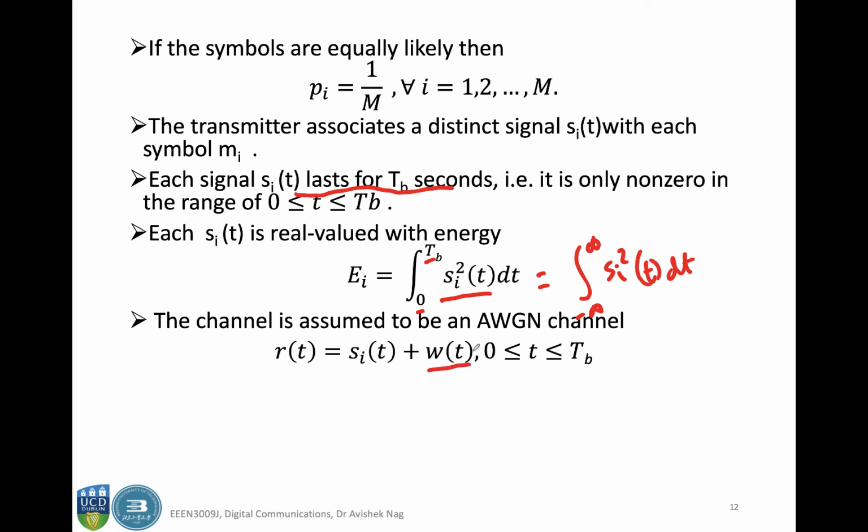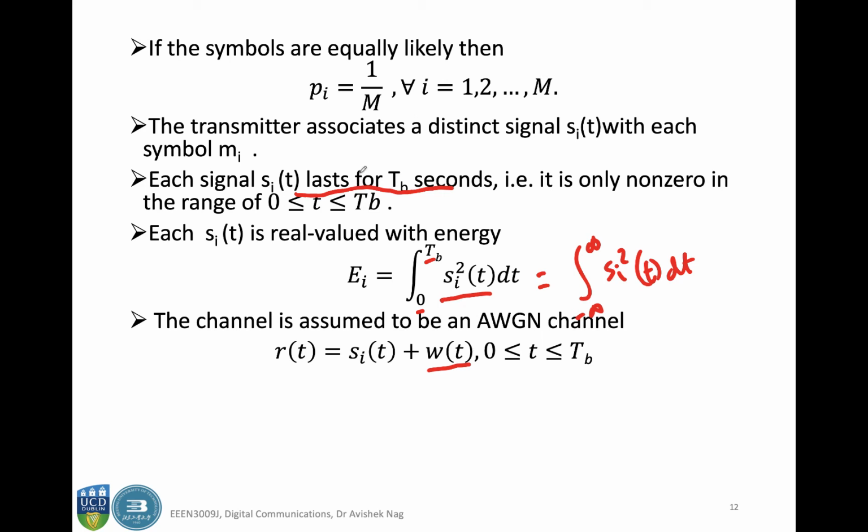So w(t) is a random process. Again, we did a review of probability theory and random processes in the first few lectures. So you saw that we defined what a random process is there. So the noise in a communication channel is a random process that follows a Gaussian distribution.